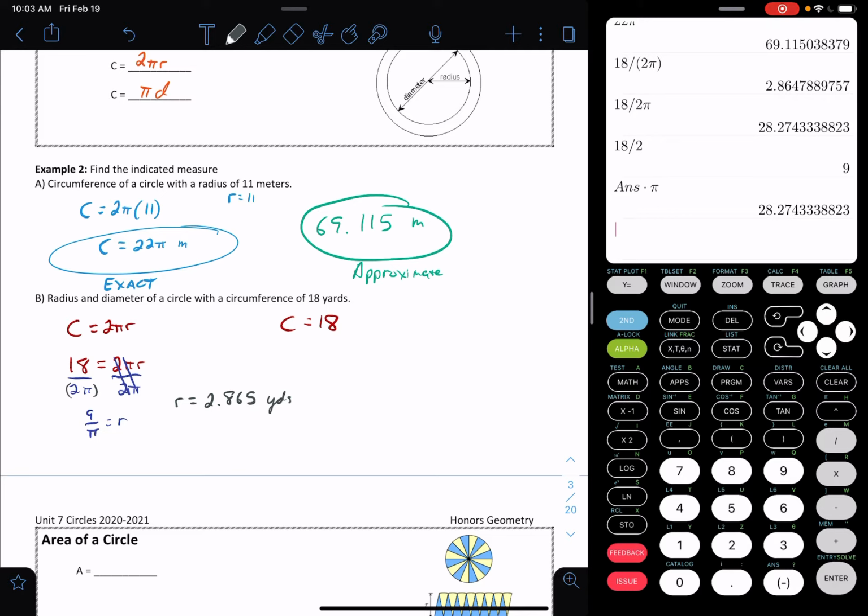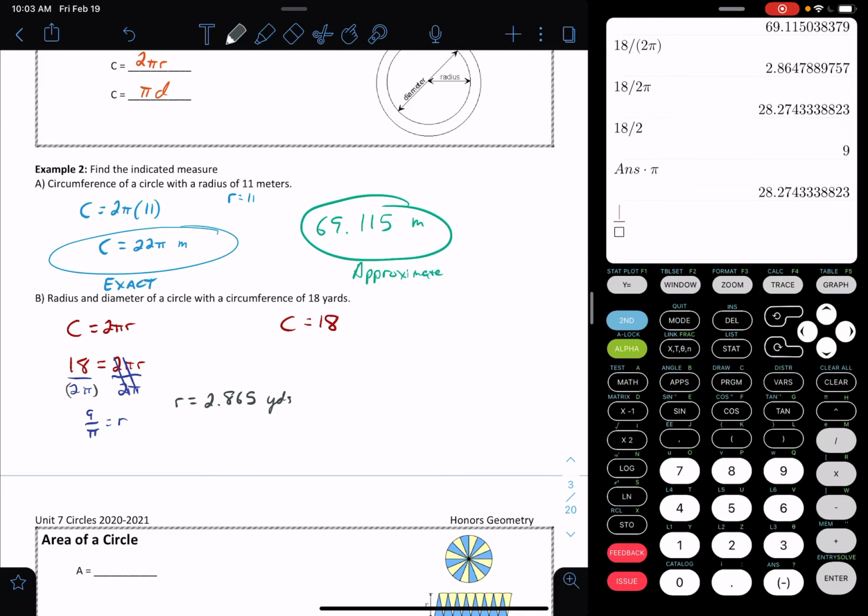All right, your calculator can also plug it in as a fraction for you if you want to make sure that your answer looks like it is on your piece of paper. So my radius is 2.865 yards. Now, for the diameter, all I've got to do is multiply my radius by 2.